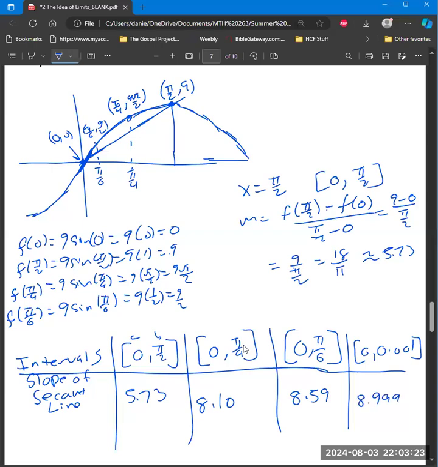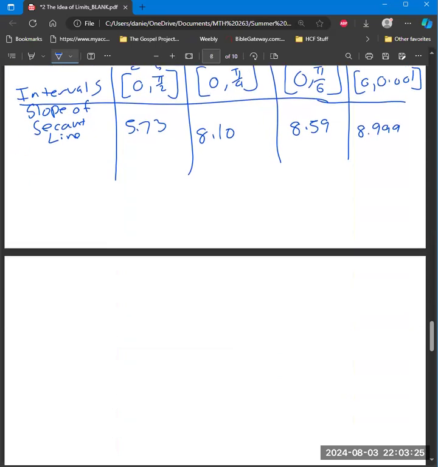And so let's go to x equals pi over 4, the interval 0 to pi over 4. F of pi over 4, we said, was 9 root 2 over 2.